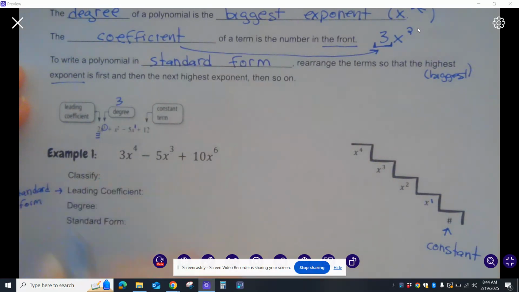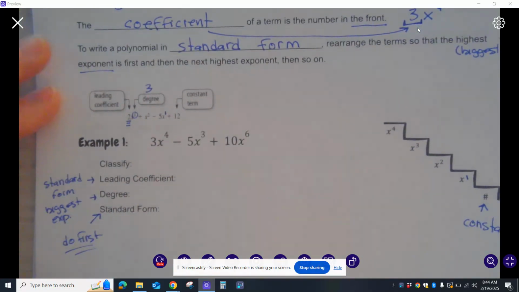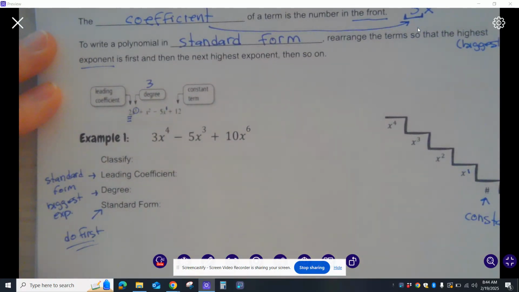Then the leading coefficient will be right in front. The degree, again, is going to be the biggest exponent. Standard form, we're going to do this first. We should have put that at the top. So we're going to write this in standard form first.